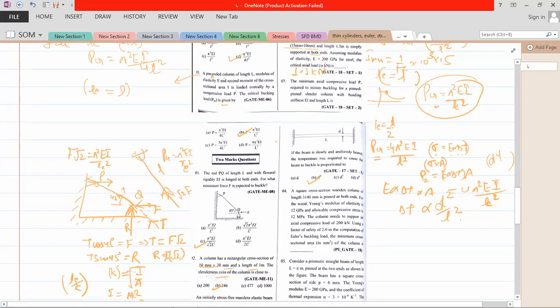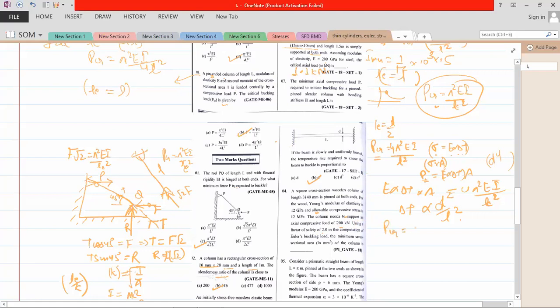So first of all, compressive stress is given. The column needs to support this and the compressive load is given. So what you need to do is, what is the P critical? First of all, you need to know that. So it needs to support 200 kilonewton, but factor of safety is given 2. So what would be the value of P critical?